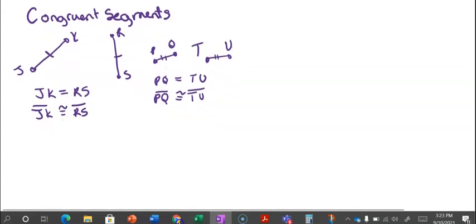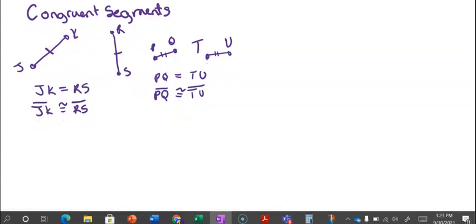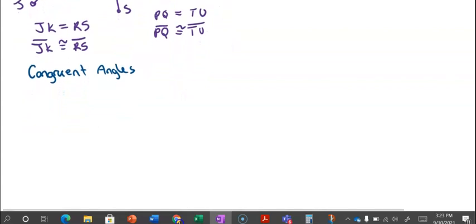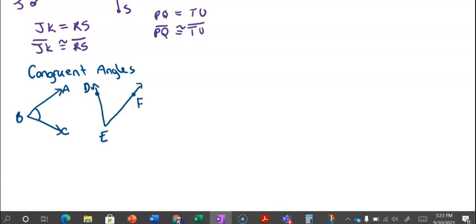So the next thing we talk about is congruent angles. Congruent angles is the same thing. If you have angle ABC and angle DEF, and we know that if we measured them both with a protractor, maybe they're both 50 degrees, that they have the same measure, then we would say that the measure of angle ABC equals the measure of angle DEF.